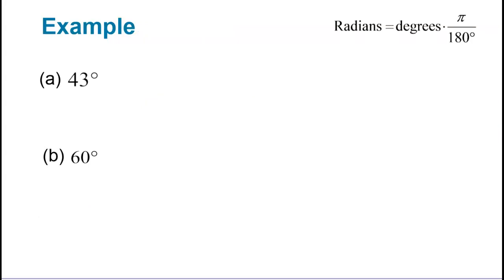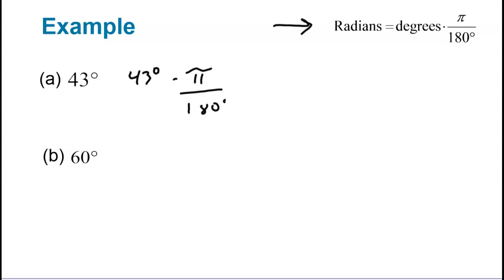So if we're given 43 degrees and we want to figure out the radians, then all we have to do is put it into this formula, and we'll just go 43 degrees times pi over 180 degrees.